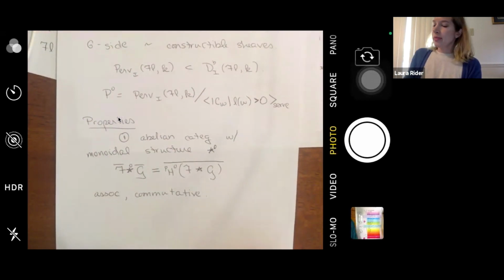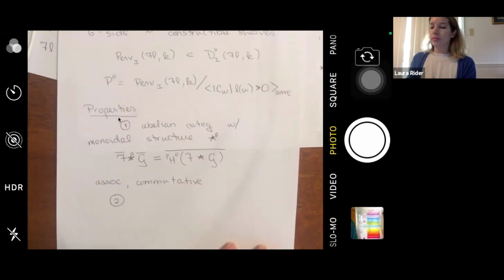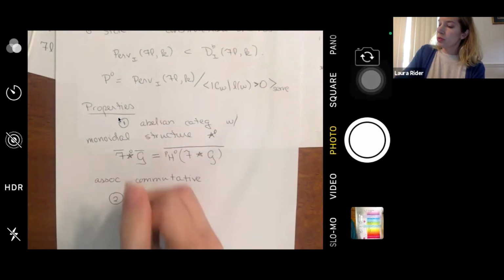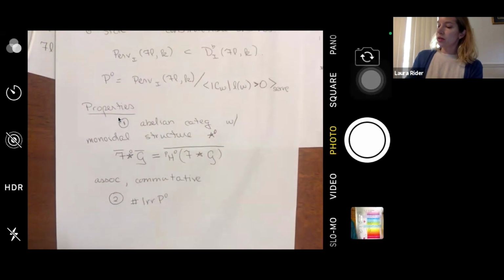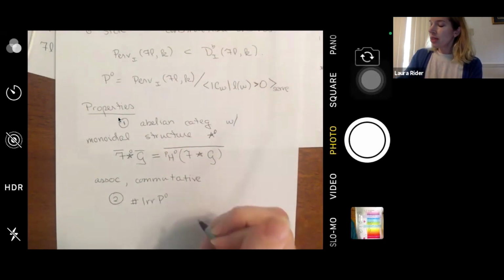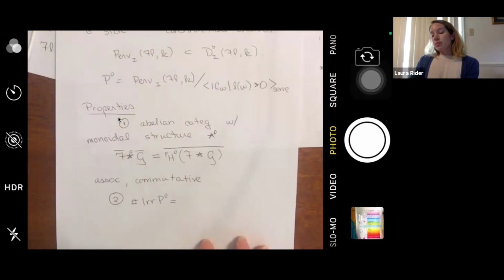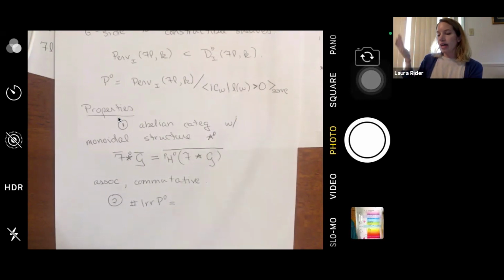A second property that you might have already calculated is that the number of irreducibles in this category is pretty small. This is going to be given by the skyscraper sheaves, the ICs with 0-dimensional support.